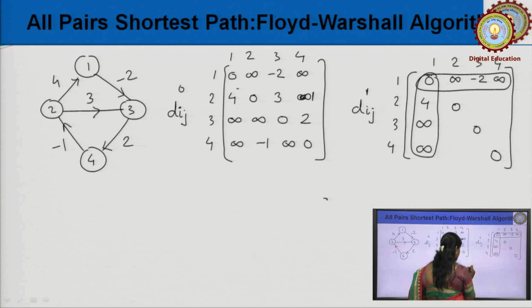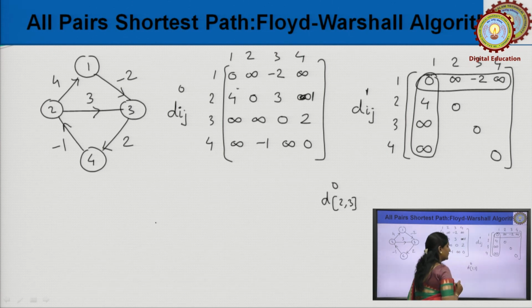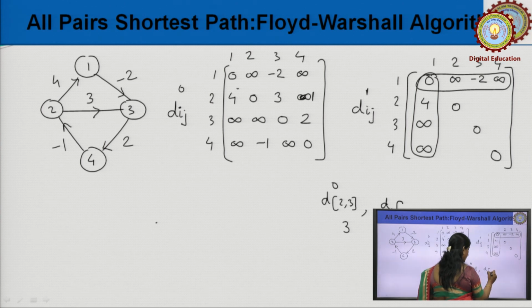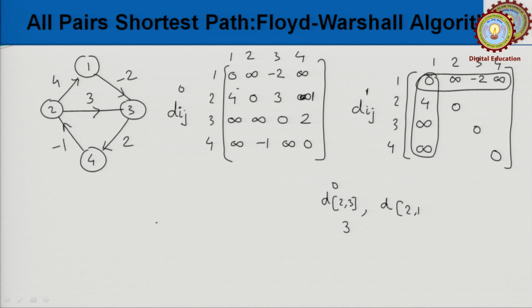That means the distance of 2, 3. In the matrix, from vertex 2 to 3 the value is 3. Now the distance via vertex 1: that means we put 1 in the middle, the distance of 2 to 1 plus 1 to 3 from the previous matrix.